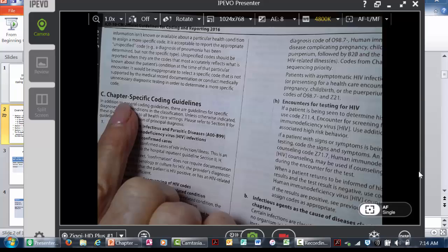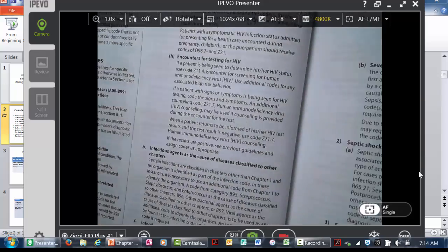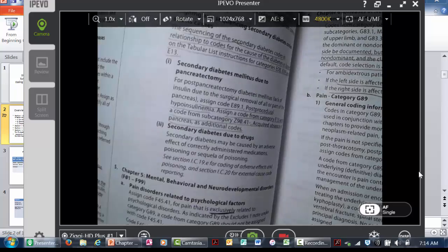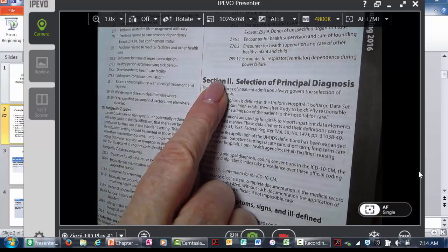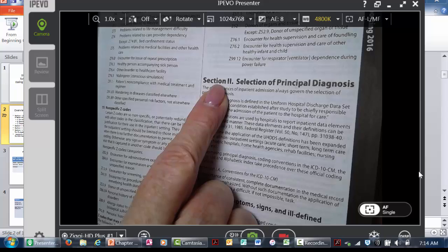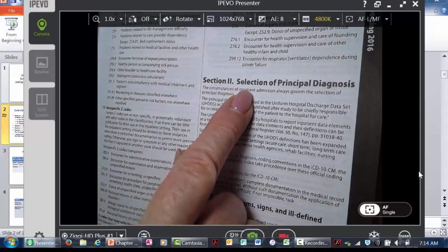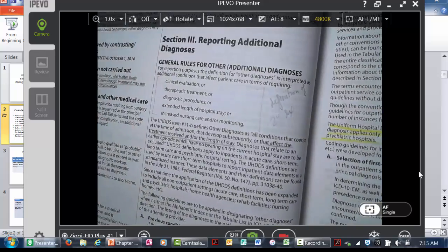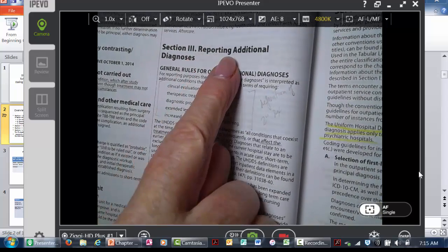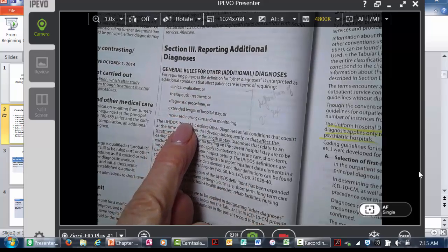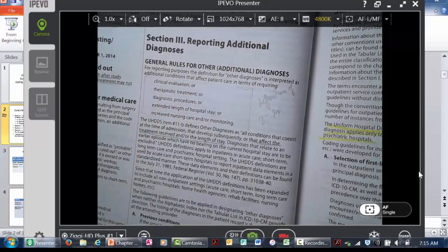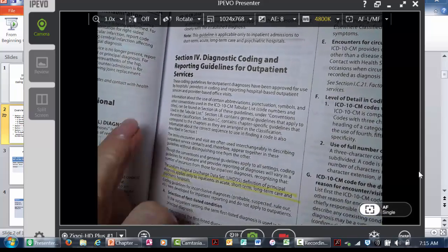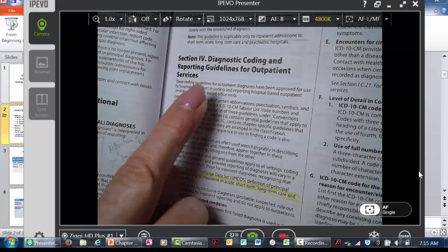C, the chapter specific coding guidelines, which we look at quite a bit. Next is Section 2, where we're selecting the principal. Section 3, reporting additional diagnoses, these set of criteria here. And Section 4 for outpatient services.